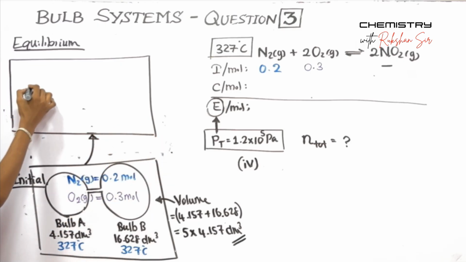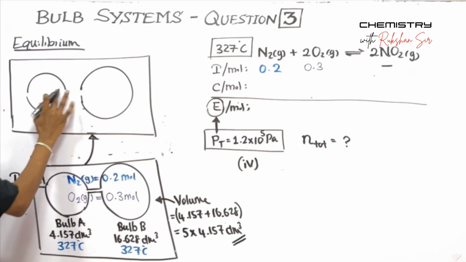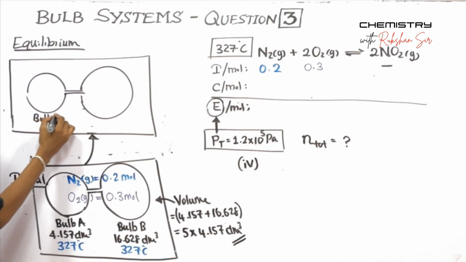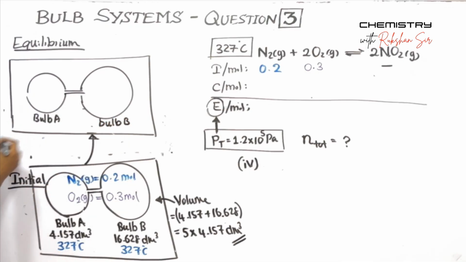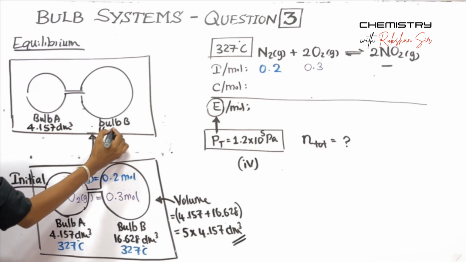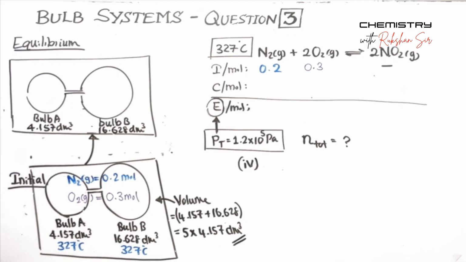This also has the same two bulbs, bulb A and bulb B. Those are with the same volumes, 4.157 decimeter cube, 16.628 decimeter cubes, and inside at 327.